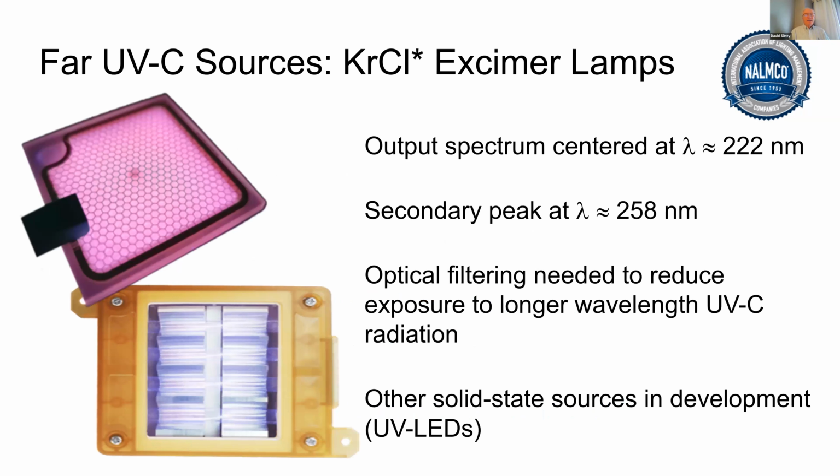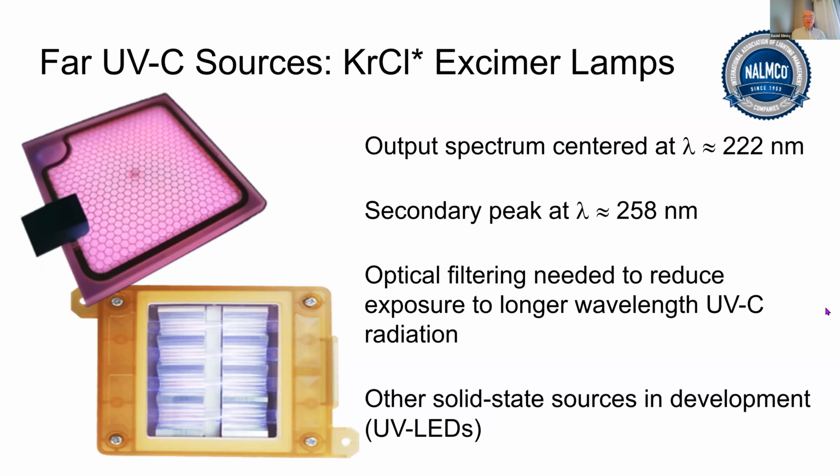Again, I'll go back to some of the newer excimer lamps, the krypton chloride lamps, just so you're familiar with them when you see them, if indeed you're not installing them quite a bit. These normally emit at about 222 nanometers wavelength.